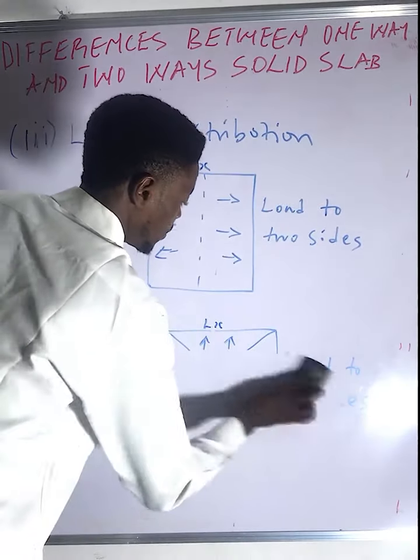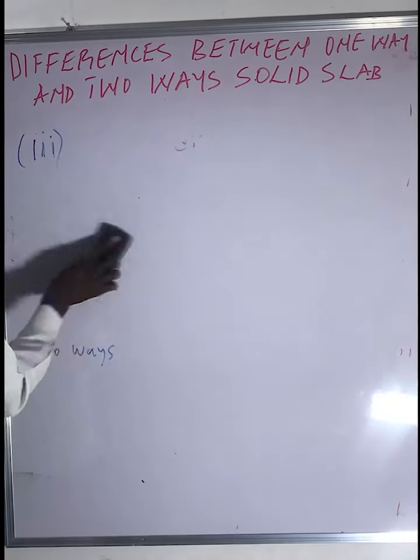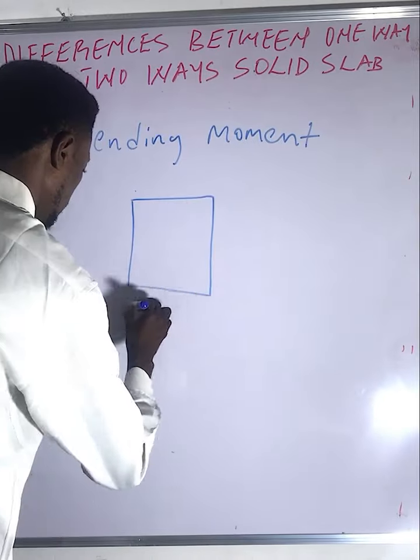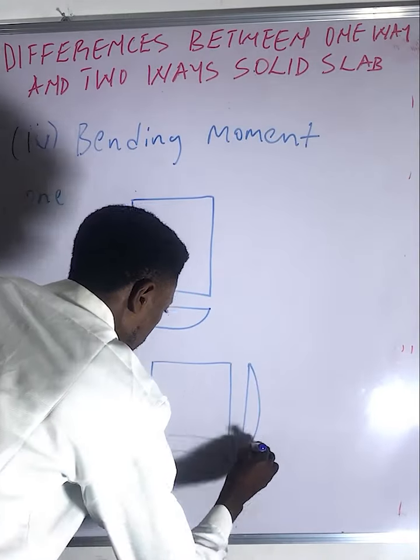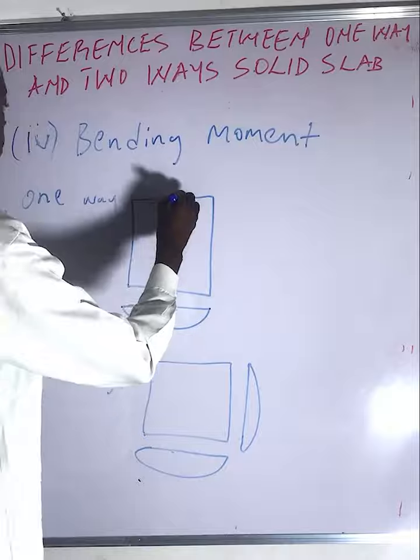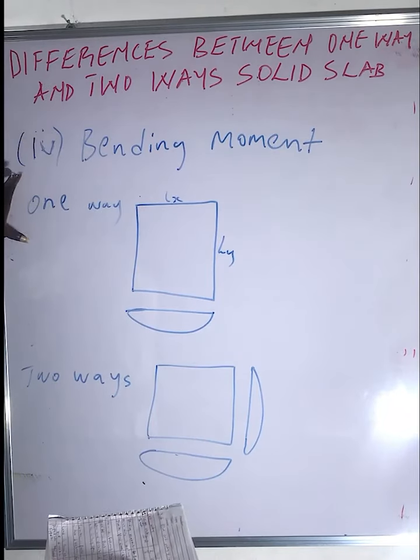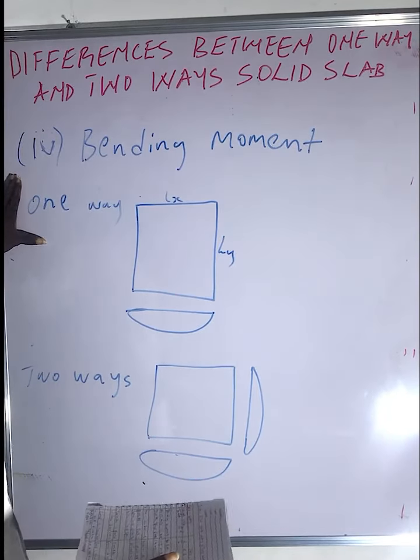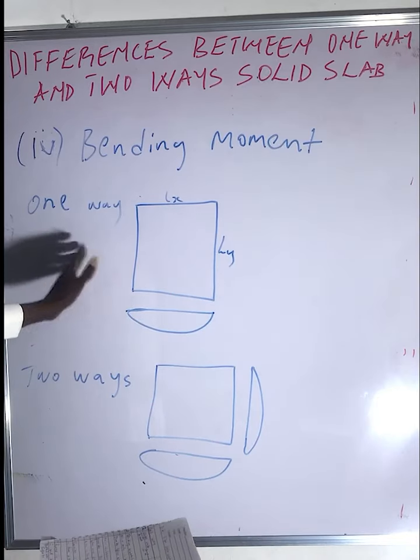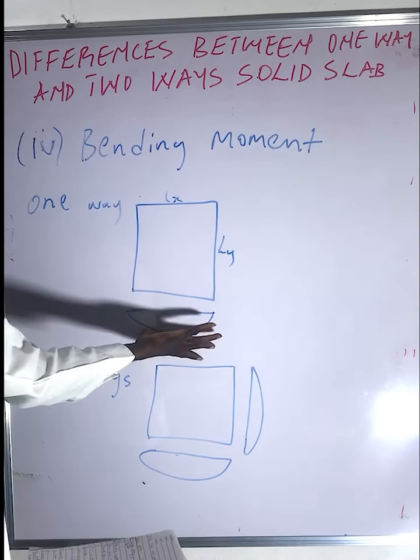Number 4, your bending moment. For a one-way slab, your bending moment occurs in only one short span direction.